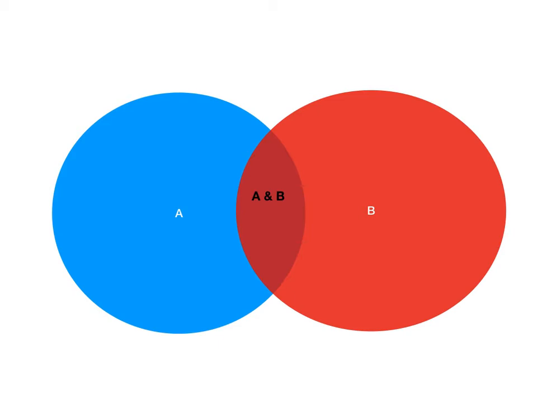A and B is obviously much smaller than A. So A and B is going to be less likely than either A or B. And that's the usual circumstance: when you slap a B on it, whatever it is, A and B usually comes out to be less likely than either of its parts. There's an exception to this I'll talk about in a second, but this is the usual thing.